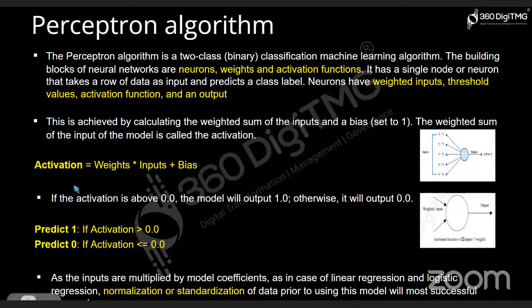So here, if the activation is above 0, the model will have an output of 1. It will only have two outputs, 0 or 1. If this activation function value is greater than 0, the model will have the value 1, and if it is 0, it will be 0.